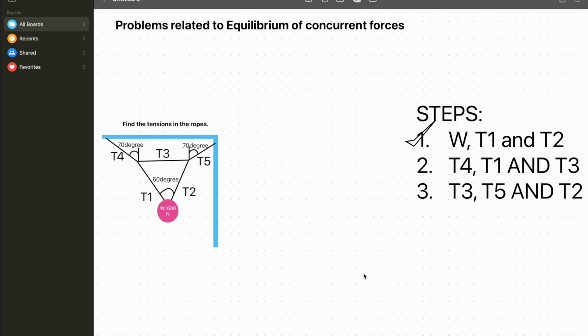Let us look at this problem. There is an object tied up with two ropes, hanging with the support of two ropes which are clamped with the ceiling and wall respectively.